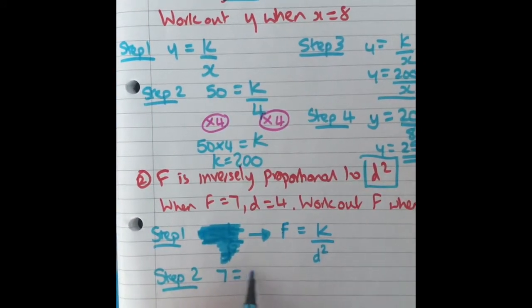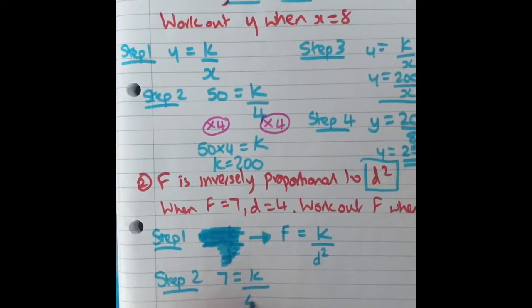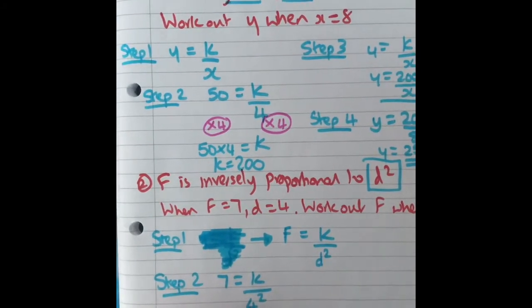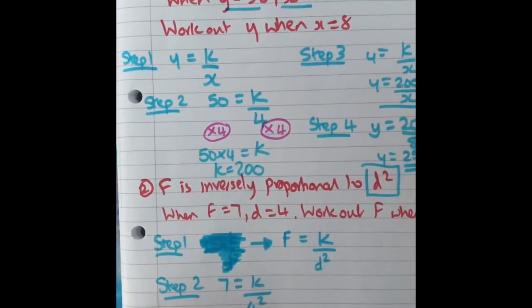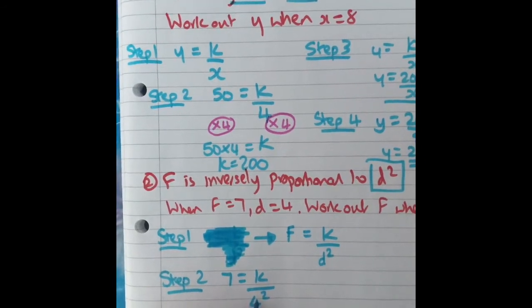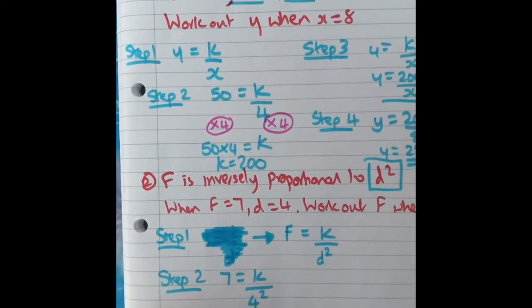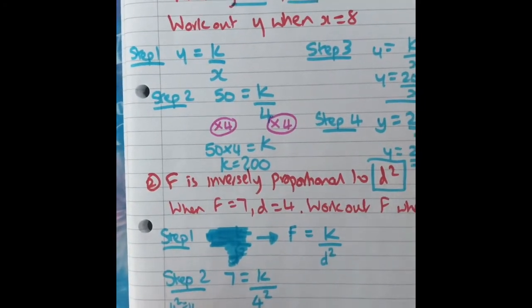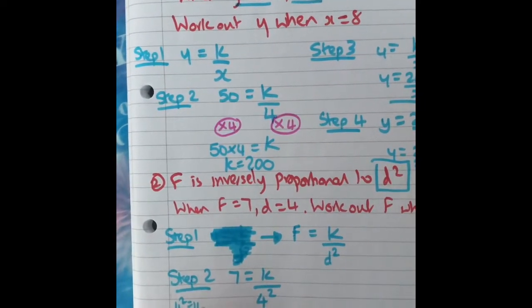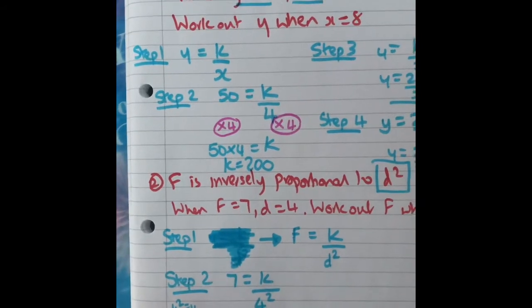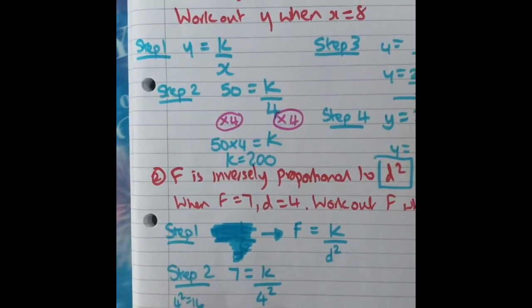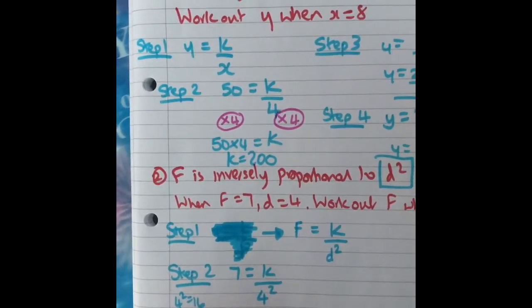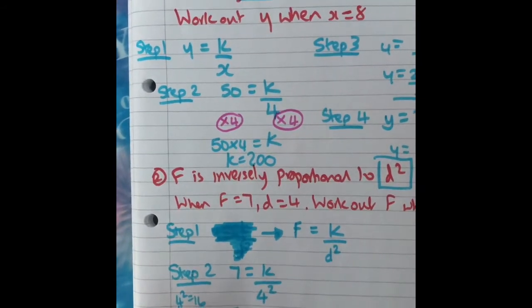So 7 equals k over 4 squared. So how do we get rid of the 4 squared on the bottom? Well, we times, and you know 4 squared is 16. So 7 equals k over 16. 7 times 16 is k, because we need to times both sides by 16.